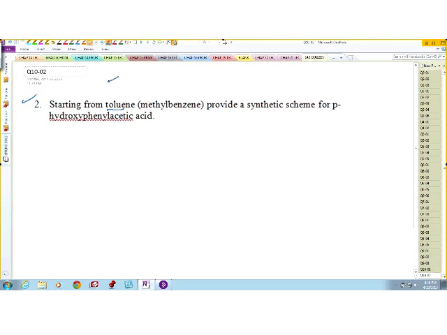Starting from toluene, which is this molecule here, we are told to give a synthetic scheme for this product, p-hydroxyphenylacetic acid. That is your p-hydroxyphenylacetic acid.